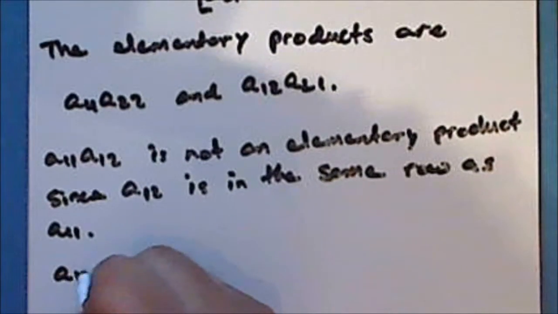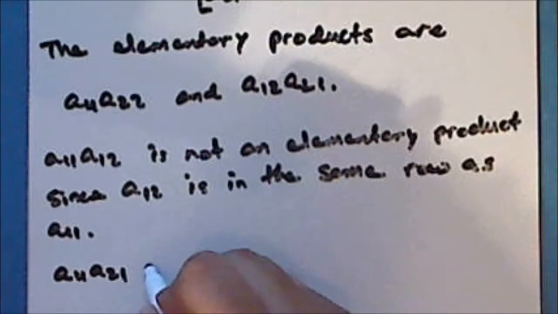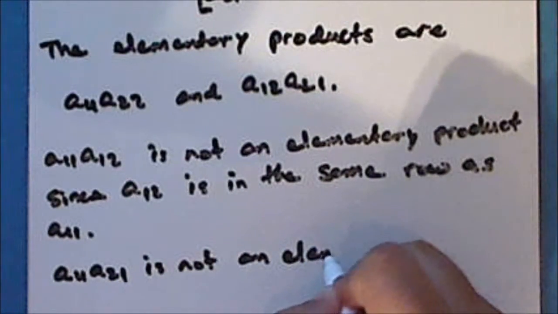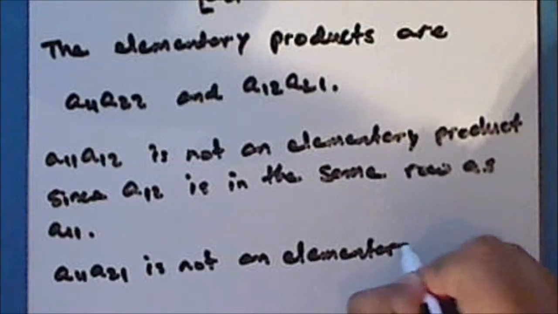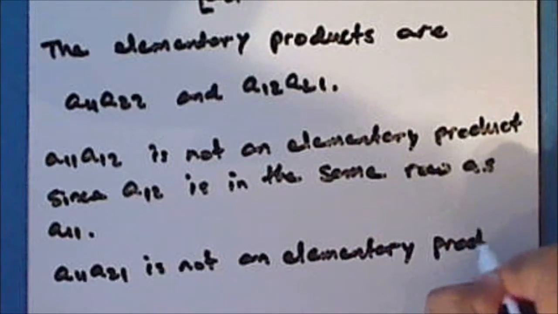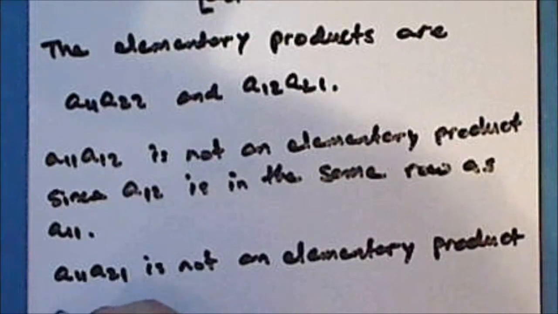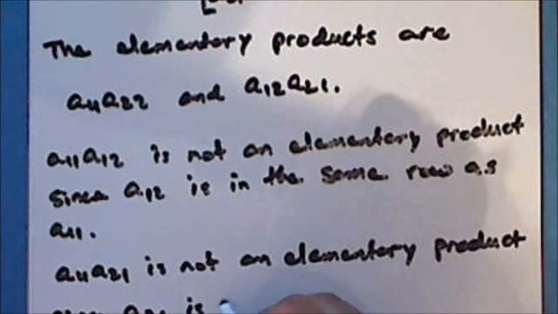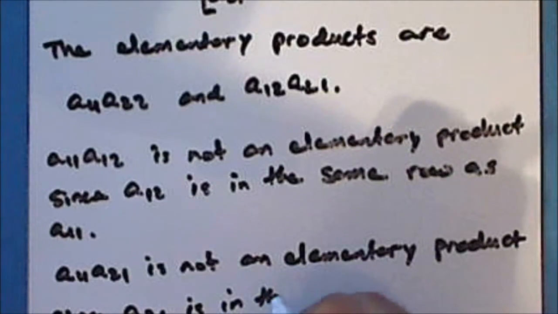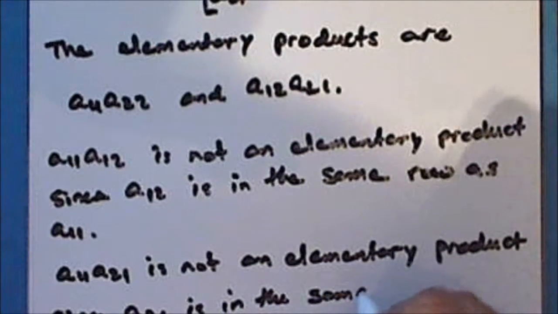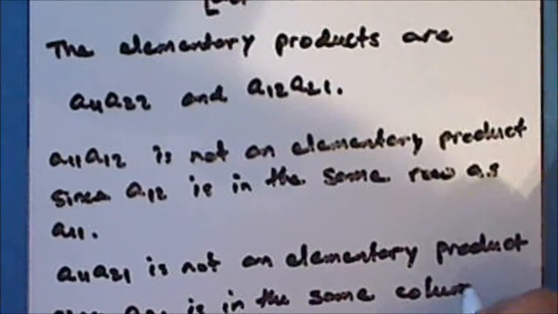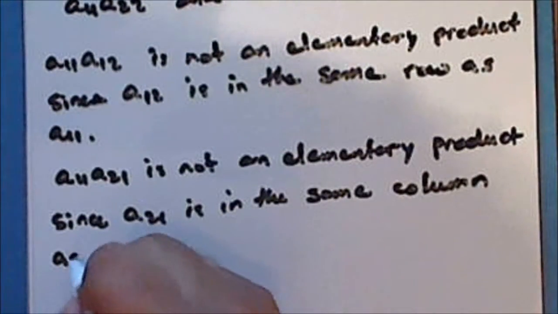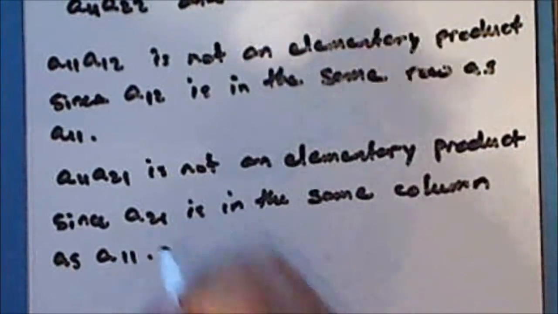Similarly, A sub 1, 1 times A sub 2, 1 is not an elementary product, since A sub 2, 1 is in the same column as A sub 1, 1.